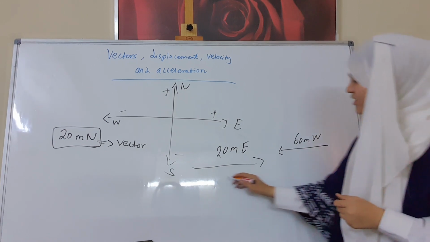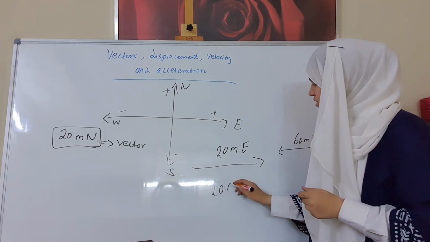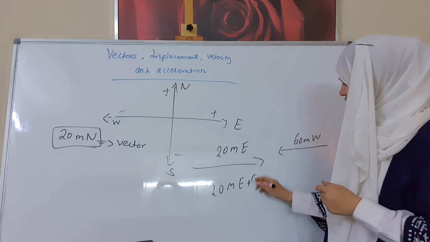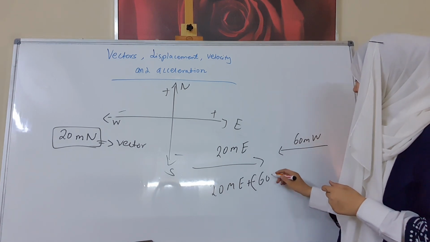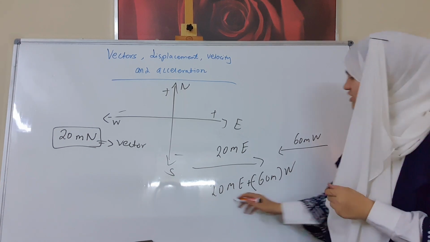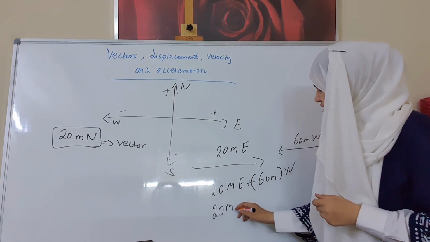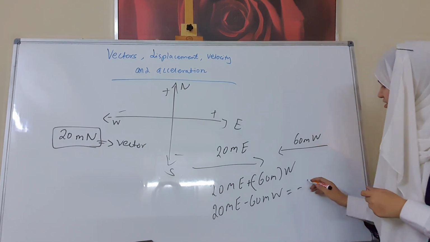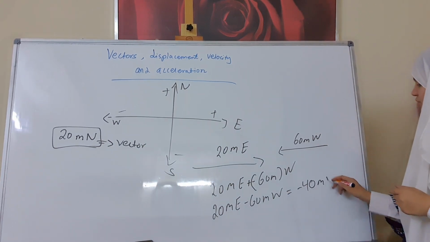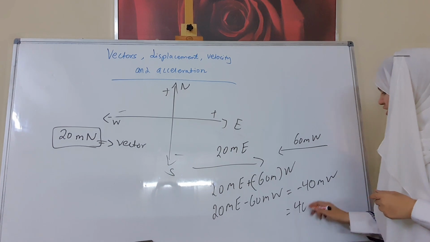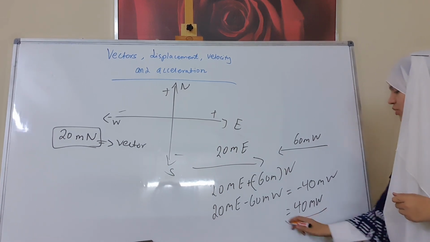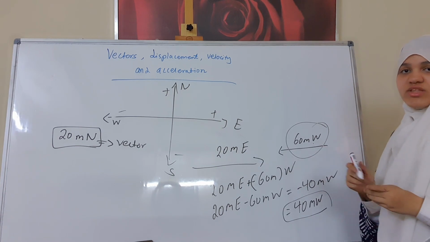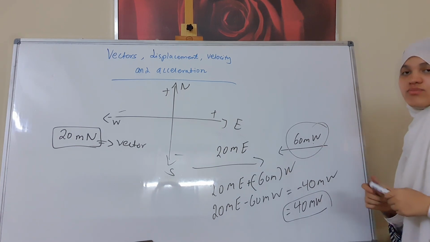What we're going to do here is 20 meter east, of course plus minus 60 meter west. That means it will be 20 meter east minus 60 meter west, which is equal to negative 40 meter west, or we can just say 40 meter west. Why? Because the larger number is on the west, so that's why we did that.